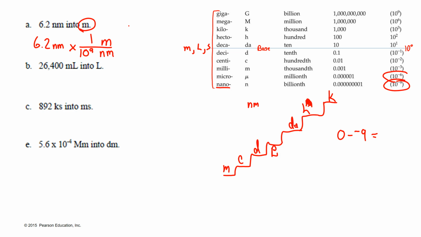I eliminate the negative exponents, and I'll show you more. So when you do this, 1 over 10 to the 9 is 10 to the negative 9. It'd be just like multiplying by 10 to the negative 9.